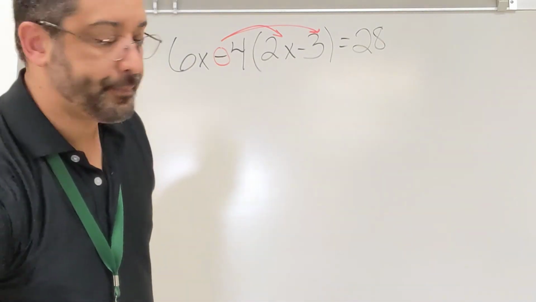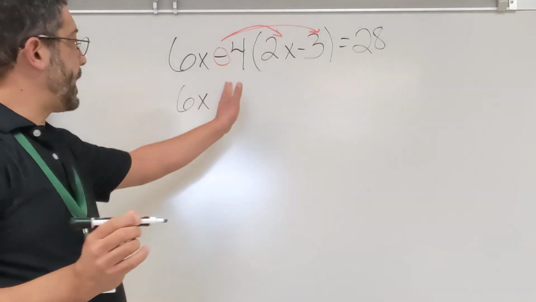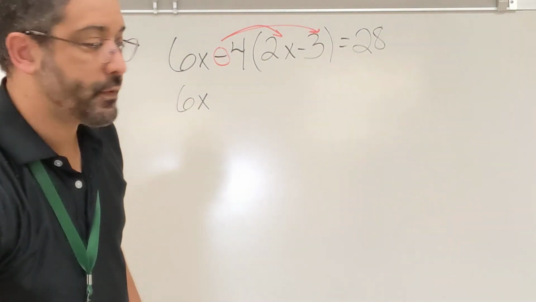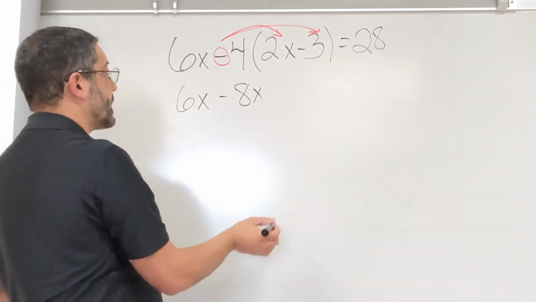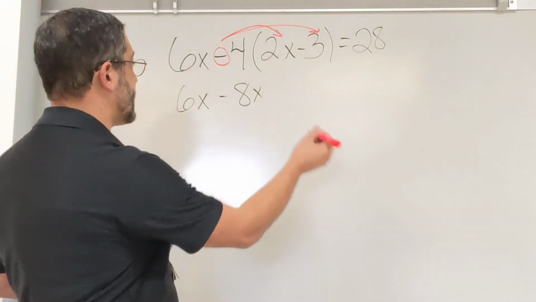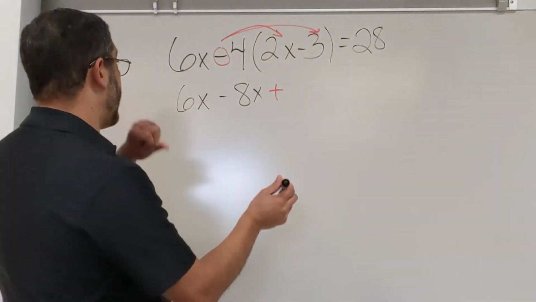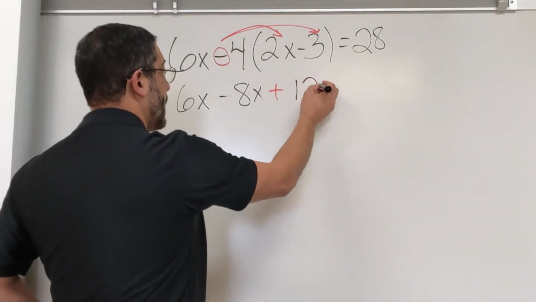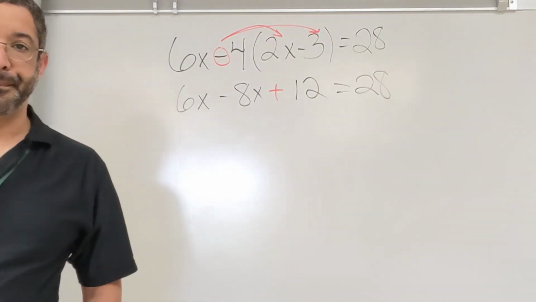When I do that, I still have 6x. So negative 4 times a negative 2 is going to give me minus 8x, and then negative 4 times 3 is going to create a sign change, because a negative times a negative is a positive, so that's going to give me plus 12, and all of that equals 28.